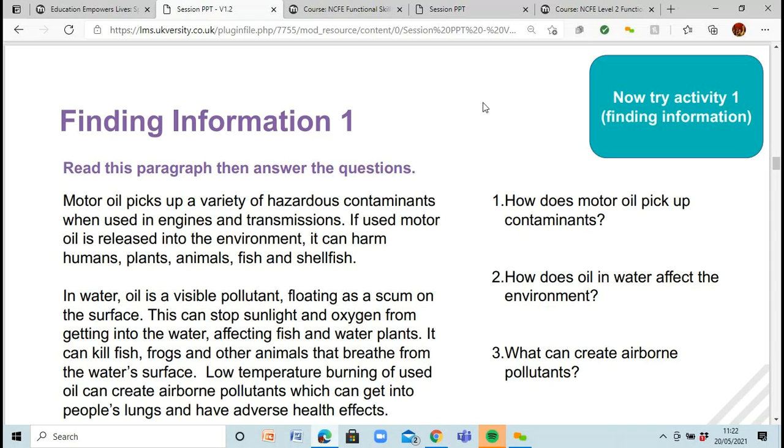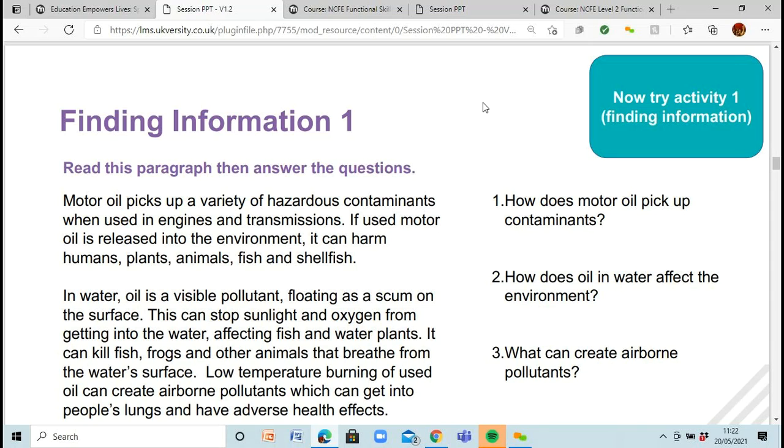This can stop sunlight and oxygen from getting into the water, affecting fish and water plants. It can kill fish, frogs, and other animals that breathe from the water surface. Low temperature burning of used oil can create airborne pollutants, which can get into people's lungs and have adverse health effects.